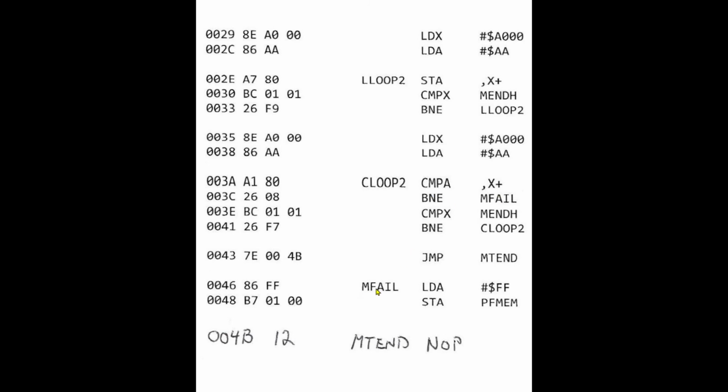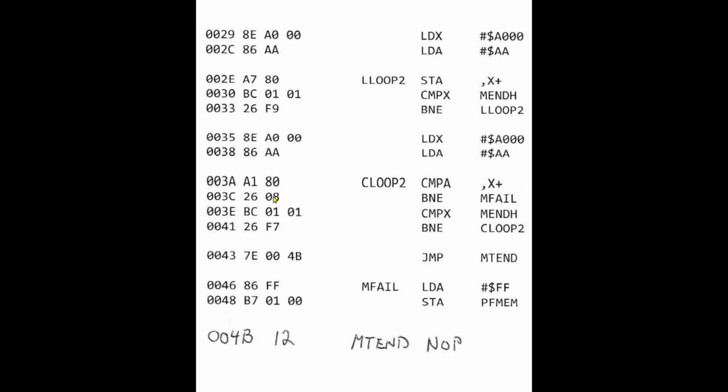Memory fail label's down here. So we're branching forward if branch not equal M fail. And we have a 26, which is branch not equal, and we have an 8. So let's go 1, 2, 3, 4, 5, 6, 7, 8. Did I do that right?